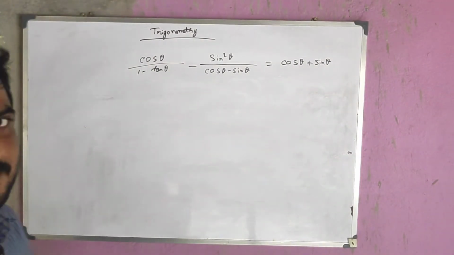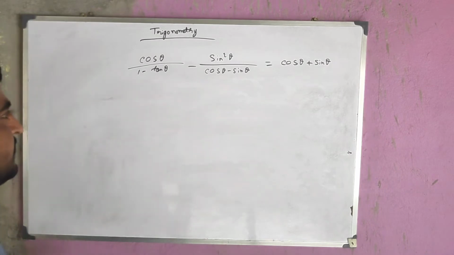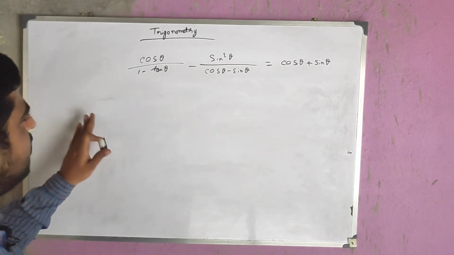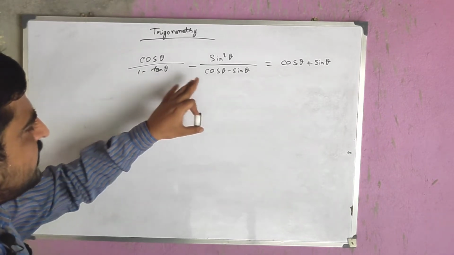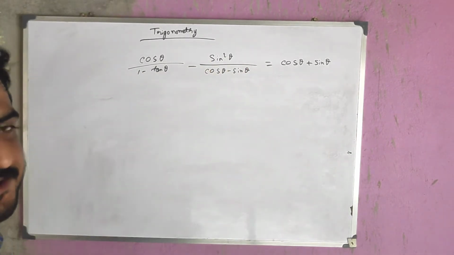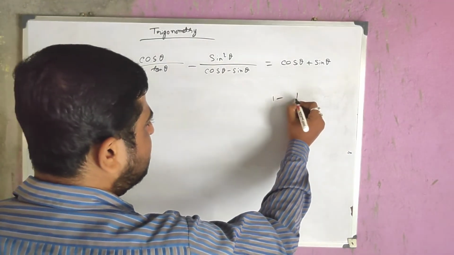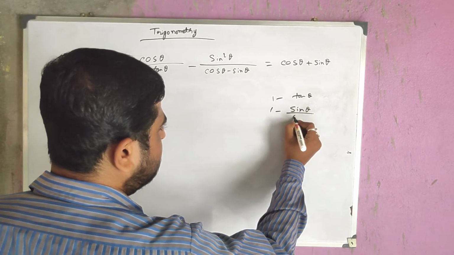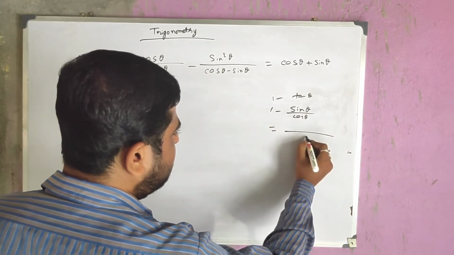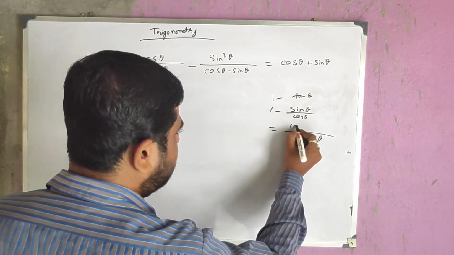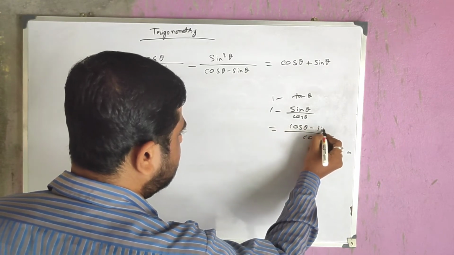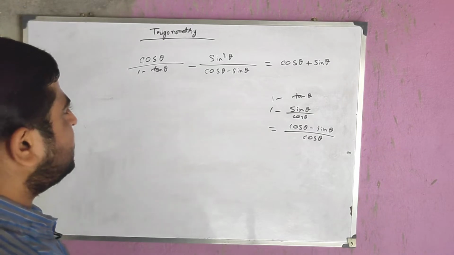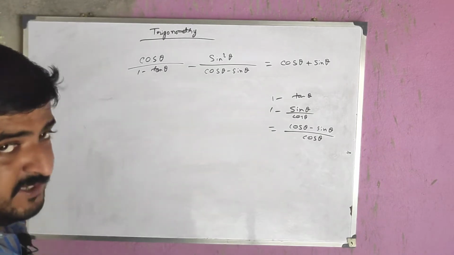Now there is 1 minus tan theta. So can we get this part from 1 minus tan theta? You see 1 minus tan theta equals, if you make LCM cos theta, then it comes (cos theta minus sin theta) by cos theta. You see here also cos theta minus sin theta. It is a matter of observation.